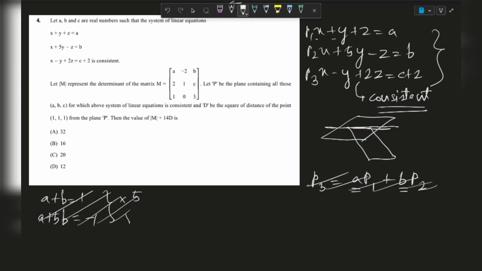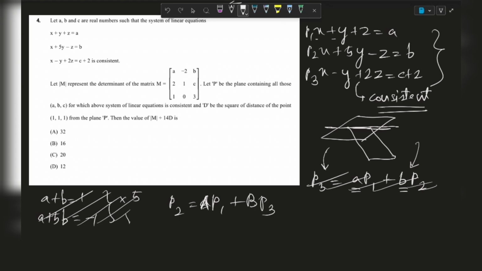Just a minute. Okay, so guys, what I figured out was, please don't take this as p3 equal to a p1 plus b p2. You can take it, there is no problem actually. I'm not saying it's wrong, but if you do this manipulation, it will come out in fractions, which will make your calculation very tedious. So what I figured out was, if you take p2 as a p1 plus b p3, and I will make this capital A and capital B, because we already have small a, small b, small c in the question.